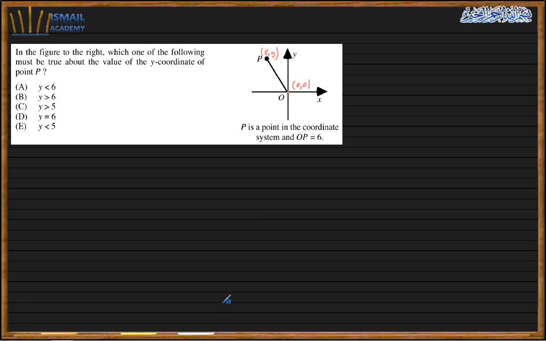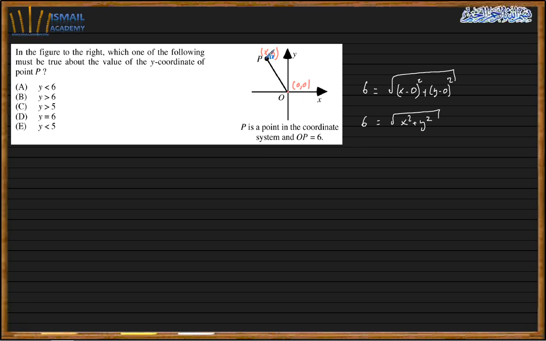So I will have 6 is equal to the square root of (x minus 0) squared plus (y minus 0) squared, because this is the formula for the distance between 2 points in the coordinate plane. So here I will have 6 is the square root of x squared plus y squared.